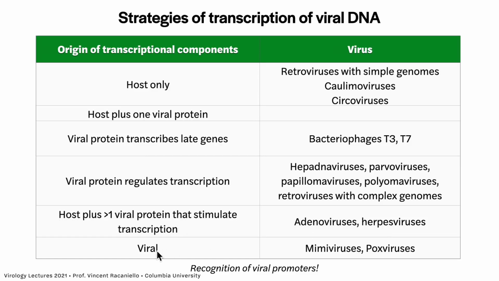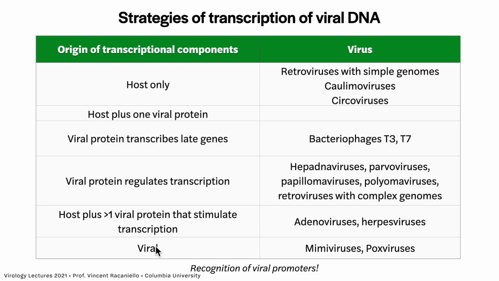And finally, all viral. The transcription machinery is all viral. It's not host plus one or more than one. It's all viral. Mimiviruses, giant viruses, and pox viruses. So it's a big gradient here in terms of what is needed and what's used, from host only all the way to virus only.